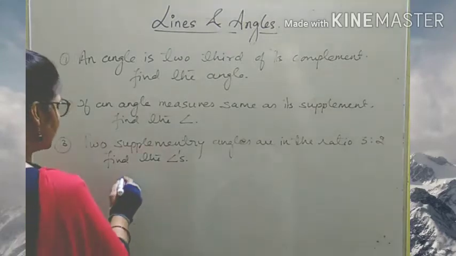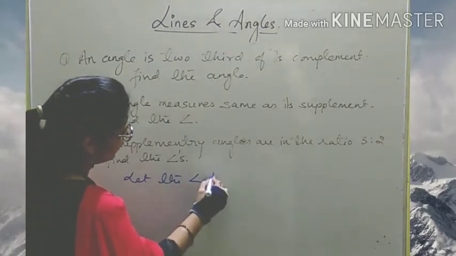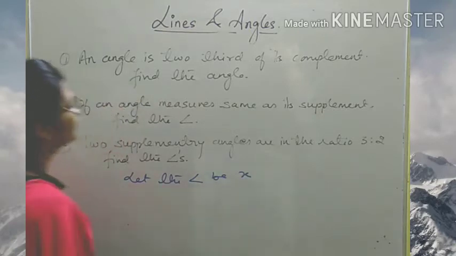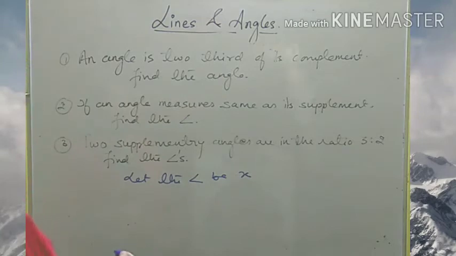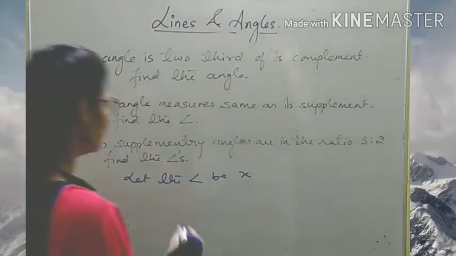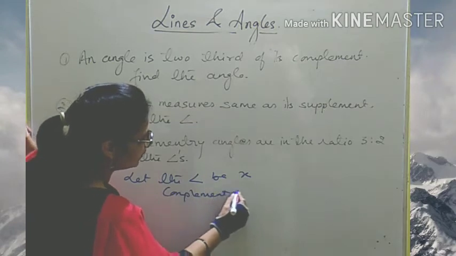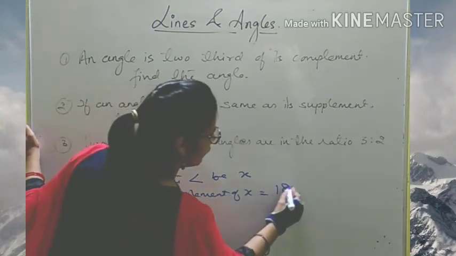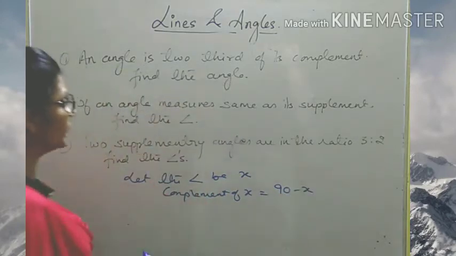Let the angle be, कैसे solve करेंगे इसको हम? Let the angle be x. An angle is 2/3 of its complement. तो इसका complement क्या होगा? What will be the complement? Complement of x will be 90 minus x. ये तो अपन को पता है.